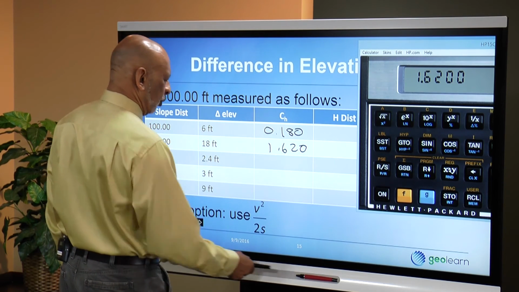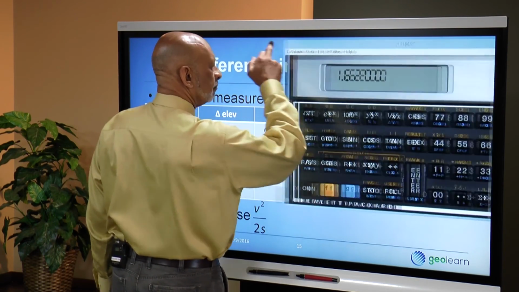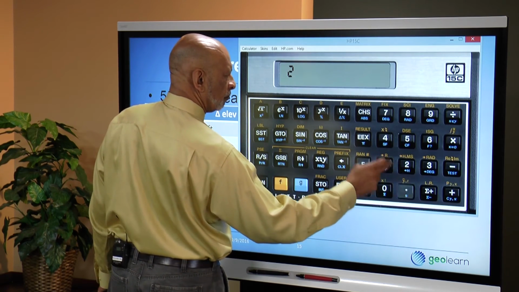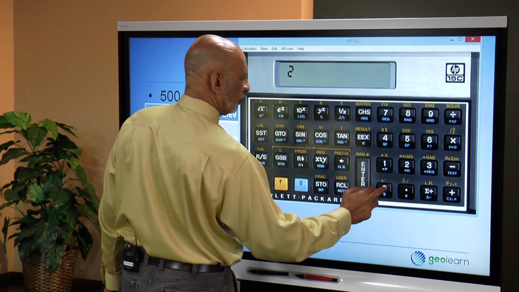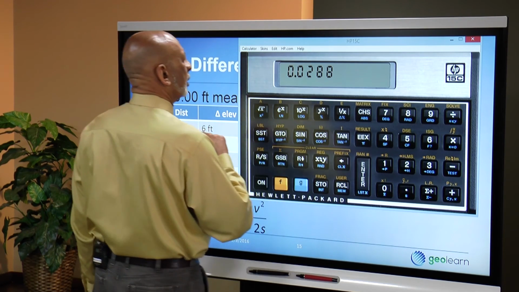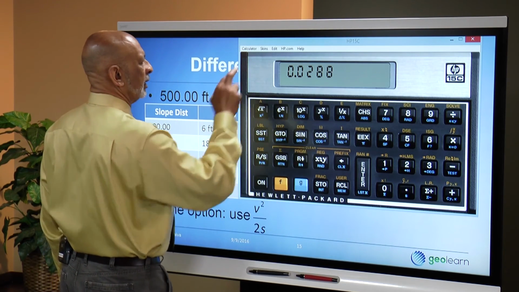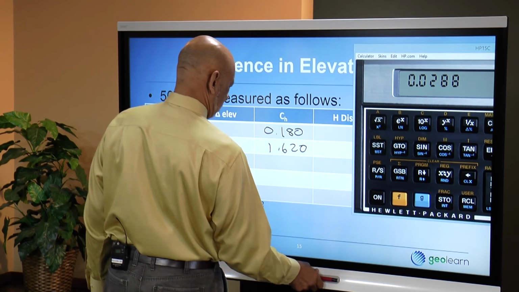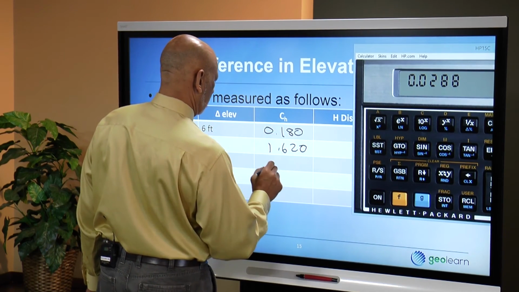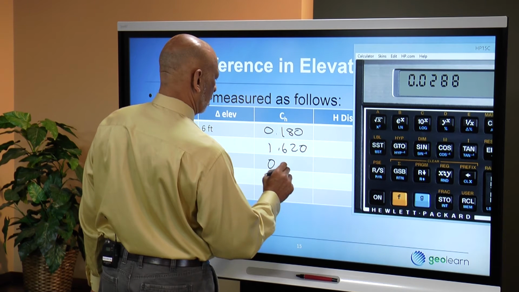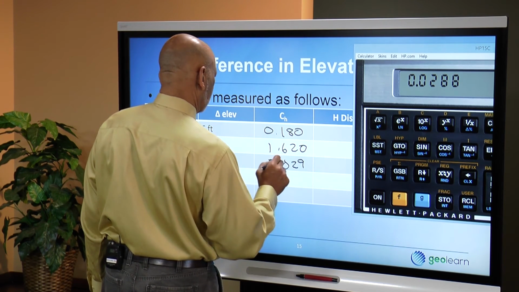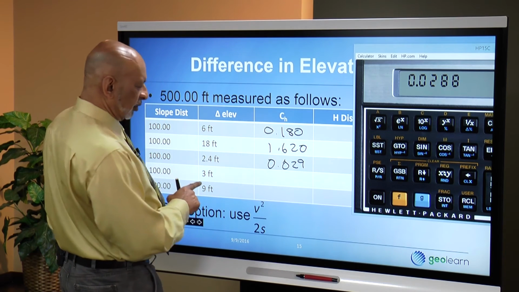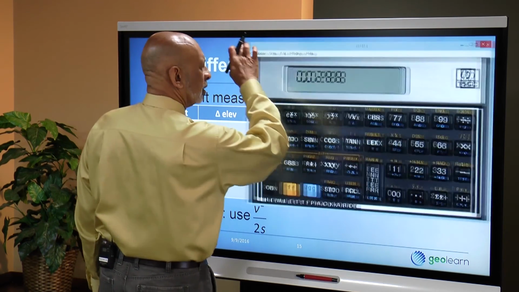Next one is 2.4 squared. 0.0288. So I'm going to round it to 0.029. This would be 3 squared, so 9 over 200.